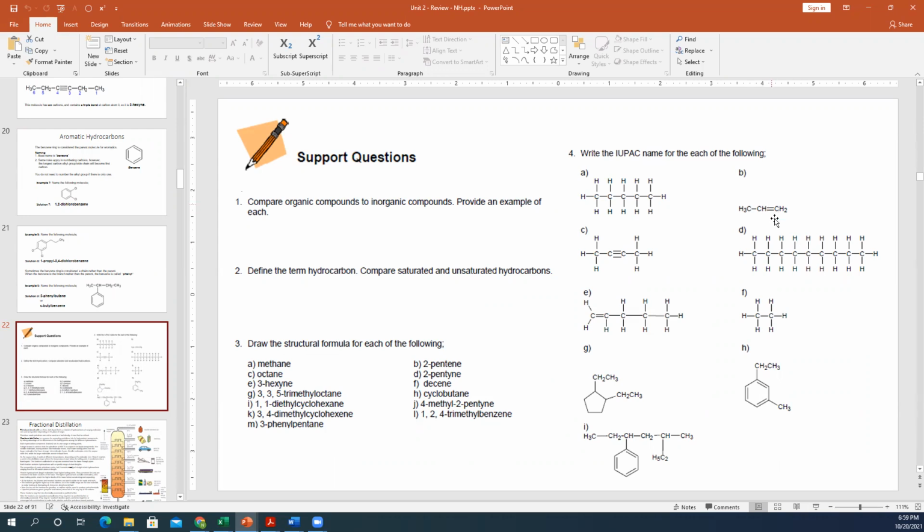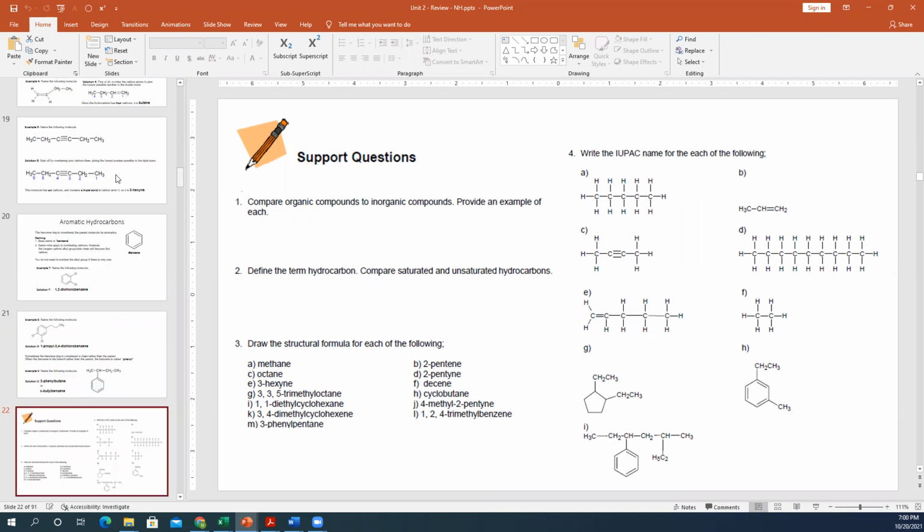And suppose it had a triple bond, it would be propyne, with the Y. For naming it, we should write it with Y, right? For this one, it would be an E.